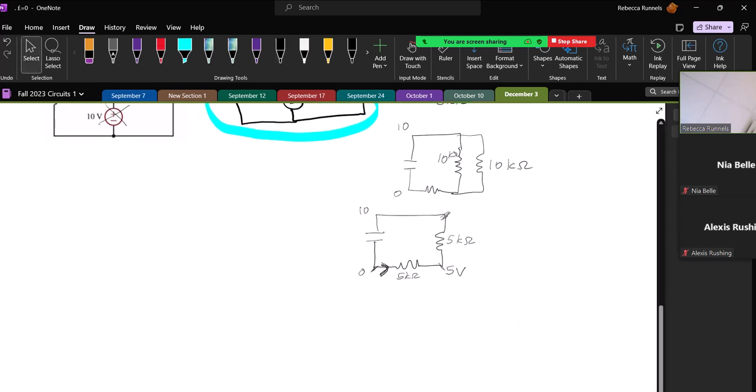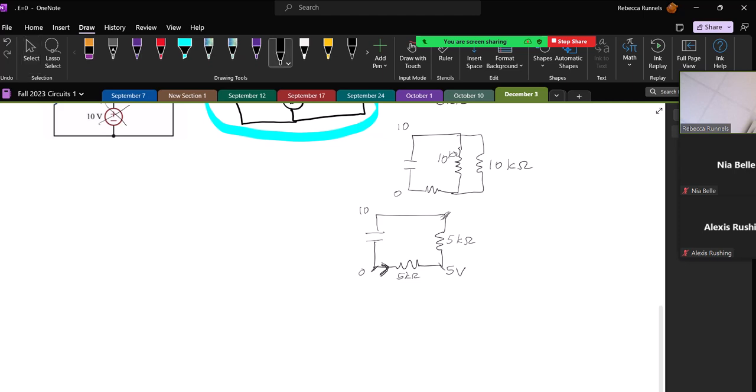And so if I want to find the current flowing through this branch right here, I'll call this VA and this VB. IR will equal VA minus VB over 5 kiloohms, or IR will equal 0 minus 5 over 5 kiloohms, or IR equals minus 1 milliamp.